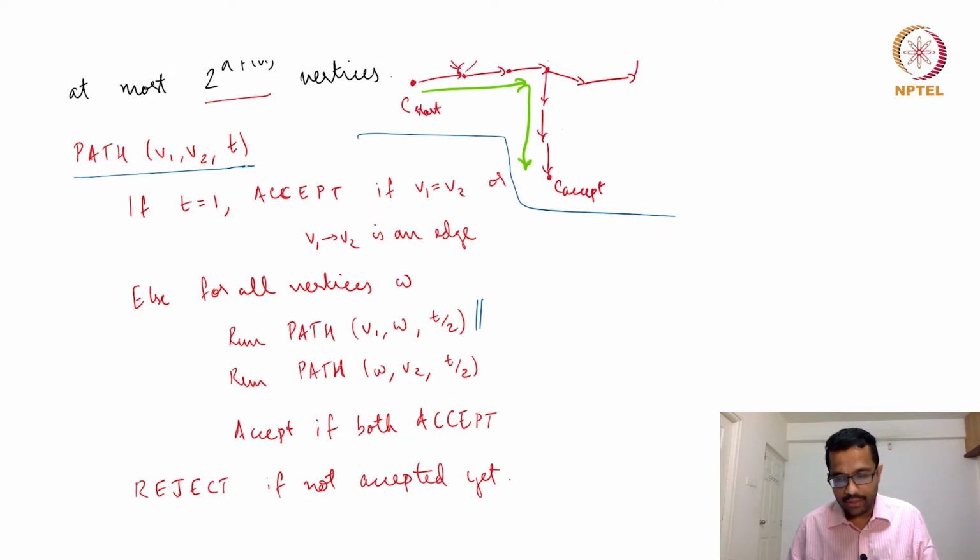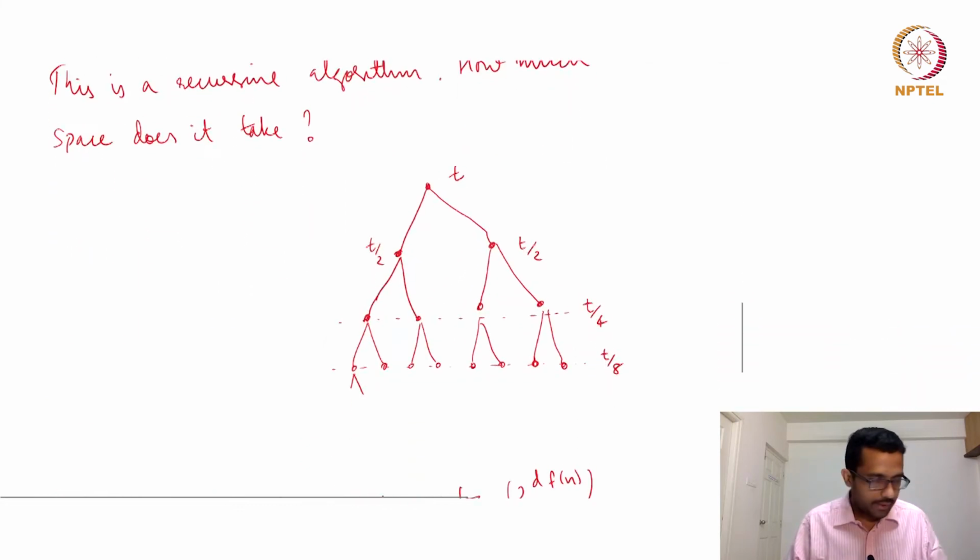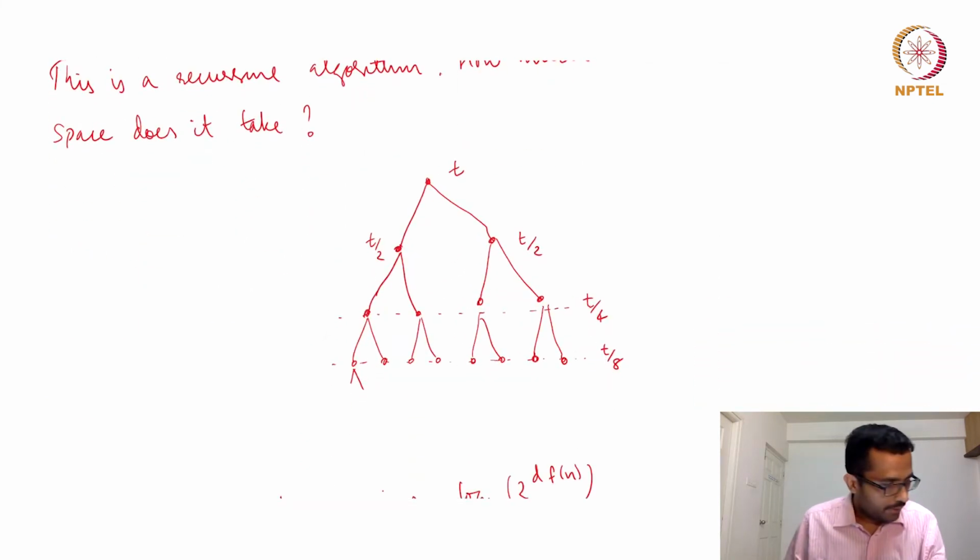So the idea is to measure how much of the stack, or how much space, is being used for all these things. Let's see how many levels of these recursive calls are required. Initially at the top level, we check whether from v1 to v2 there is a path of length at most t.